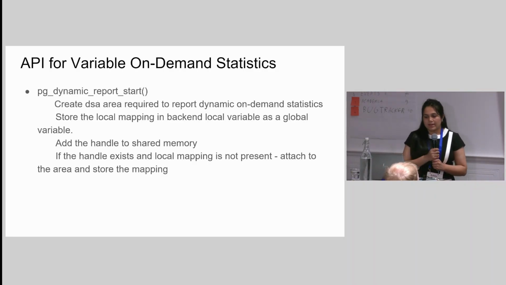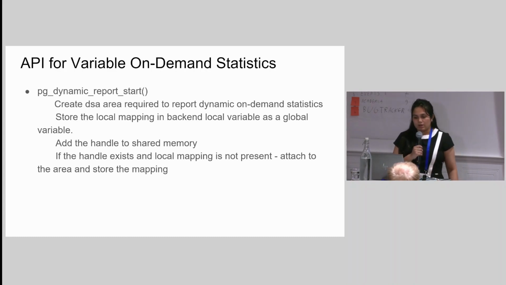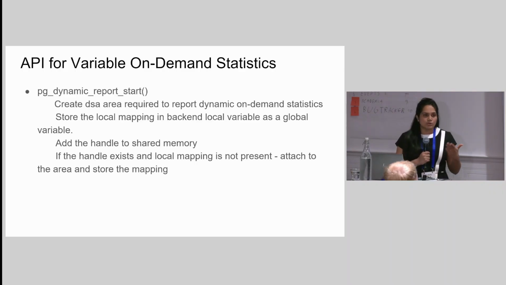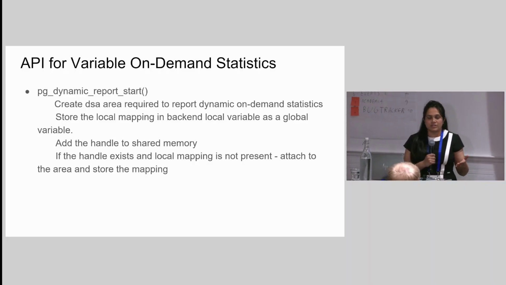So I'll quickly touch upon the API. This was an on-demand stats monitoring function, which also deals with variable stats. So this was the first of its kind in Postgres.